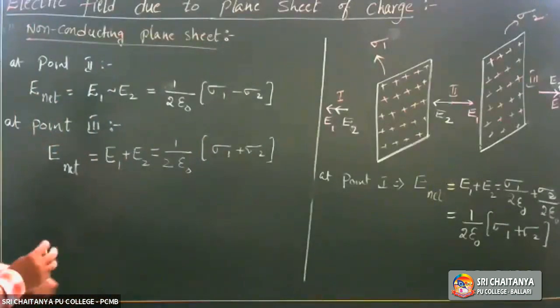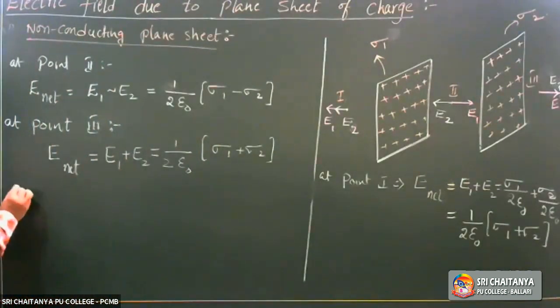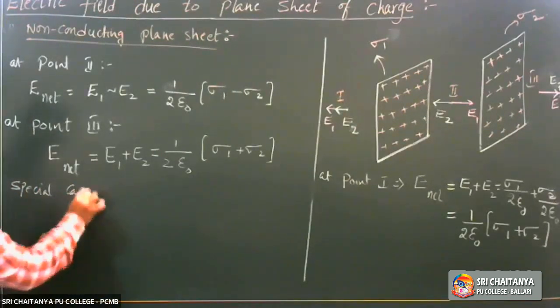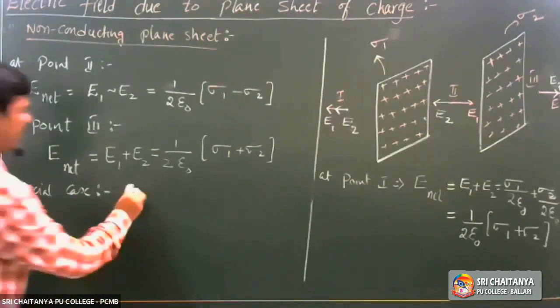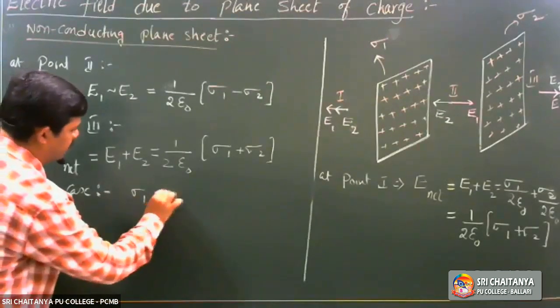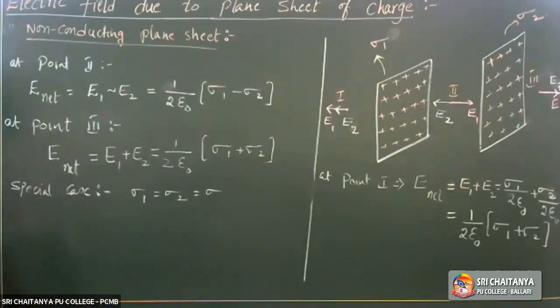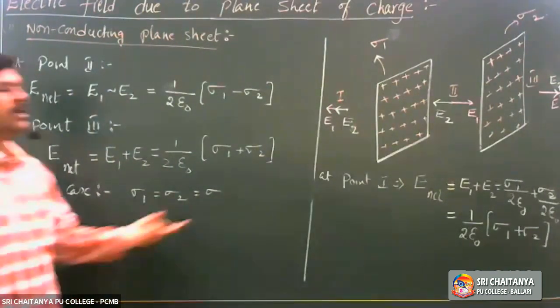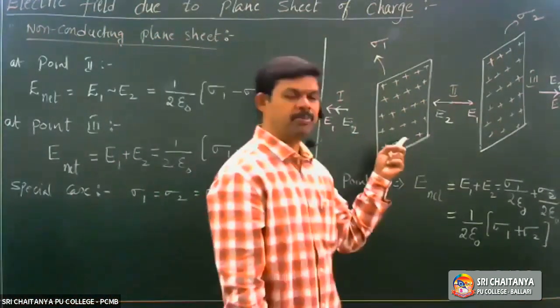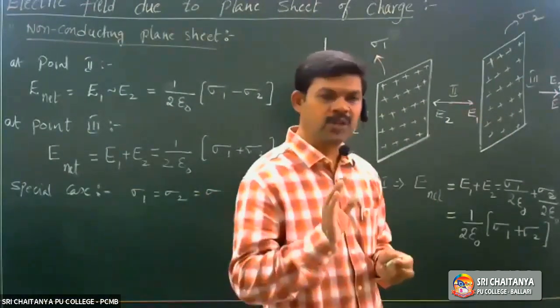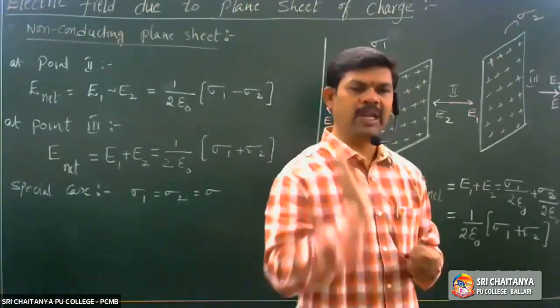Come on, note down. In this special case, if sigma 1 is equal to sigma 2 is equal to sigma, means what? Charge density on the first plate, charge density on the second plate, both are given equal.